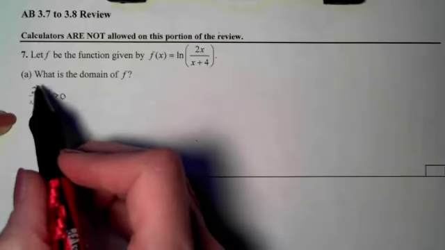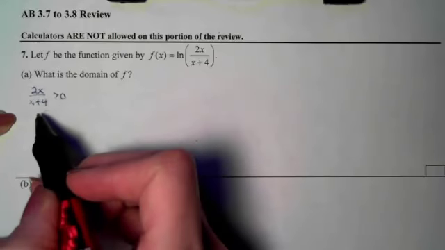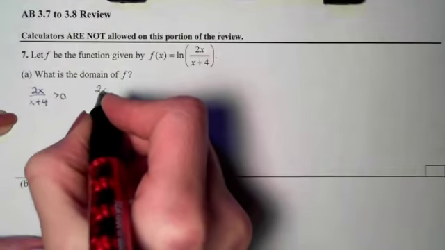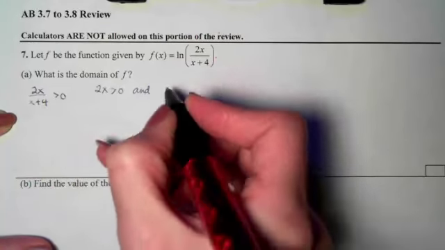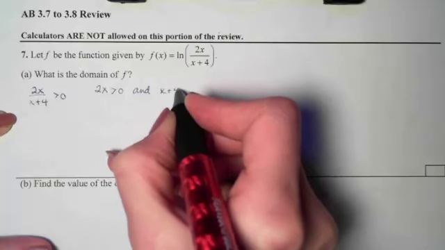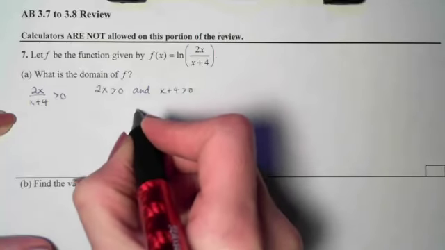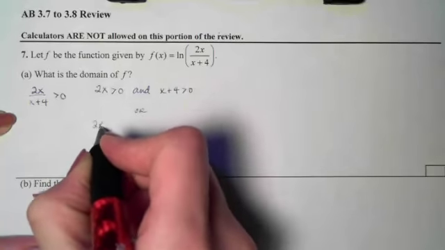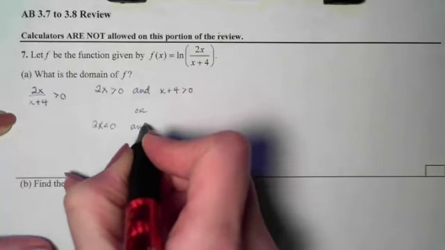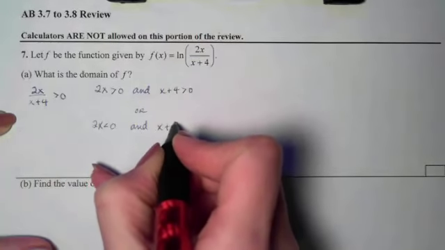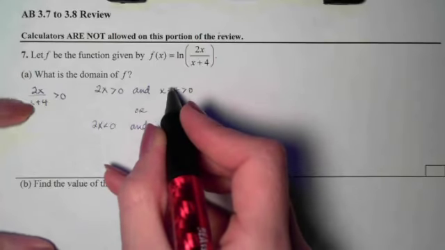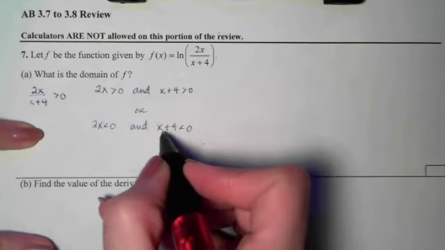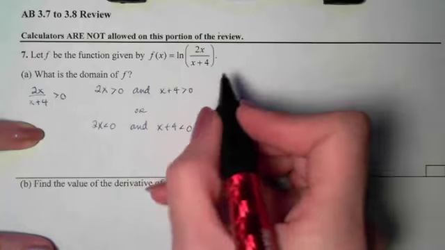It's a fraction, and fractions are only positive if the top is greater than 0 and the bottom is greater than 0 at the same time, or if the top is less than 0 and the bottom is less than 0. If both top and bottom are positive, or both are negative, we end up with a positive fraction.